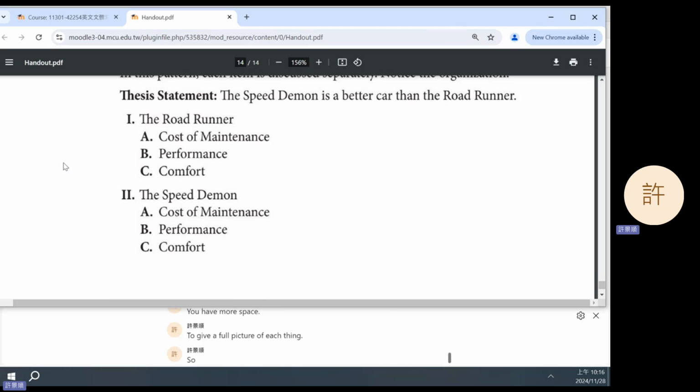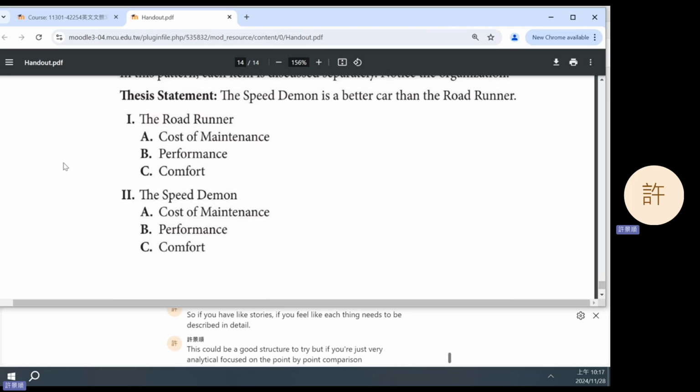So if you have stories, if you feel like each thing needs to be described in detail, this could be a good structure to try. But if you're just very analytical, focused on the point-by-point comparison, then you should also consider using the first structure, point by point.